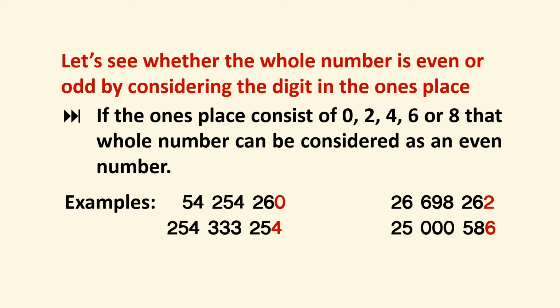Therefore, I can say 6 is an even number. So, 25,586 is also an even number. Finally, 254,078. So, the digit in the ones place is 8. Therefore, I can say 8 is an even number. So, 254,078 also should be an even number.